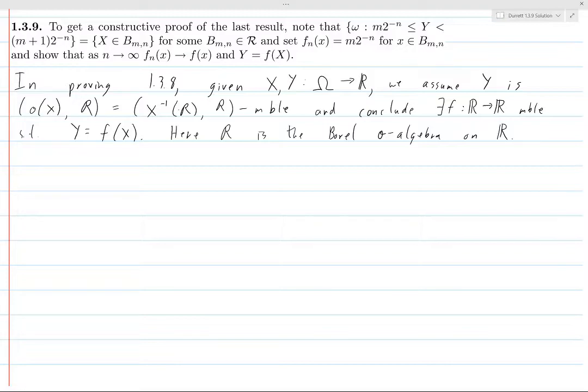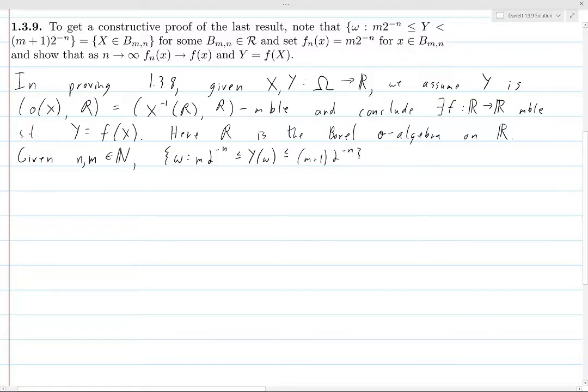I should probably actually solve this problem. Okay, so given n and m, these are going to be natural numbers. The set of omega such that 2 to the minus n m is less than or equal to Y of omega, which is less than or equal to (m plus 1) times 2 to the minus n.